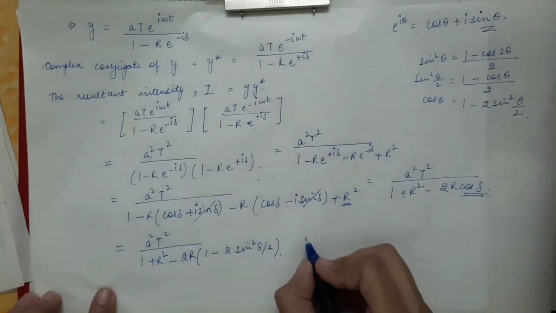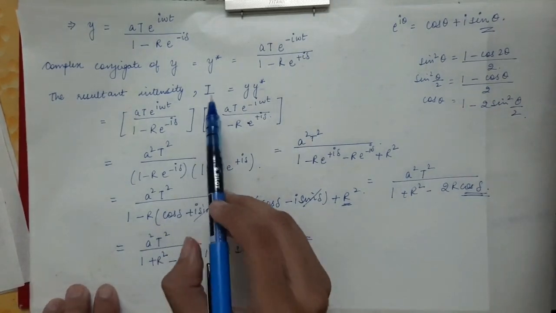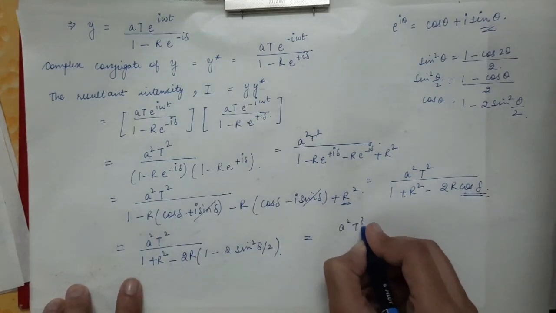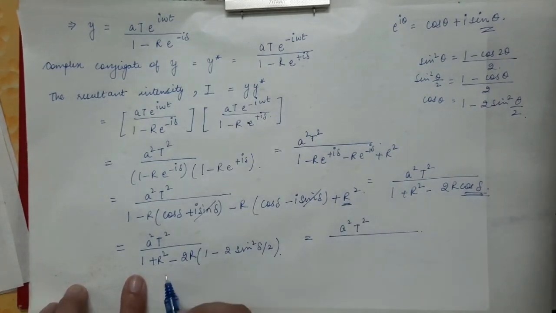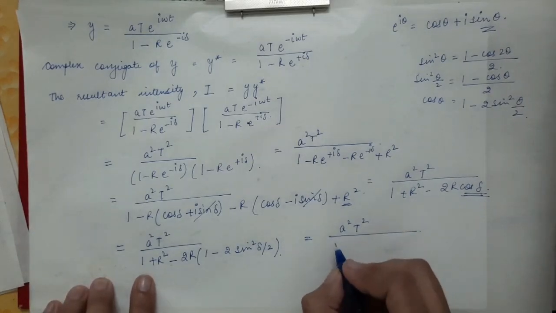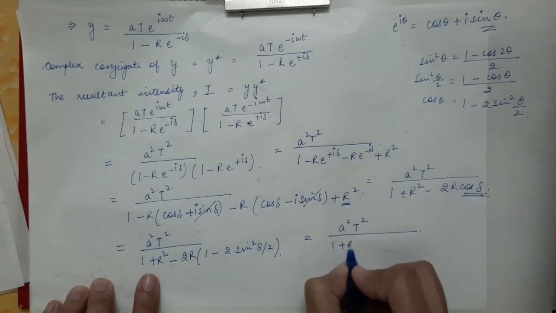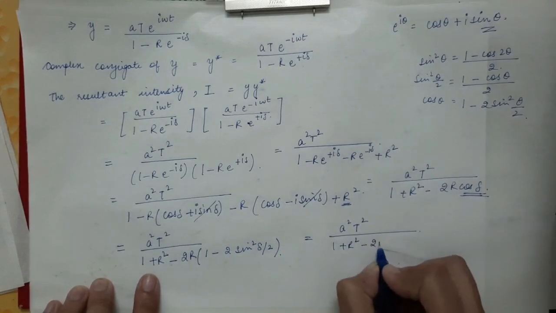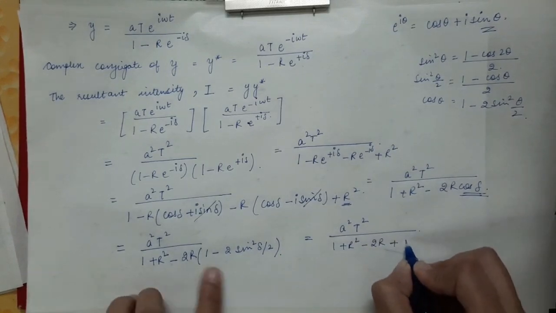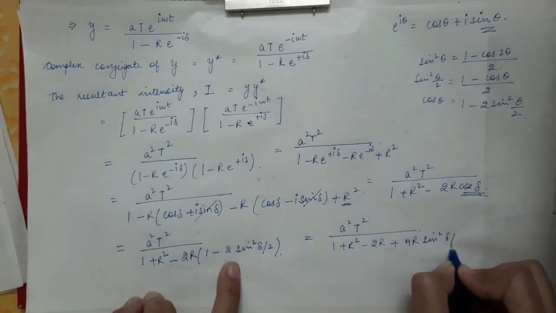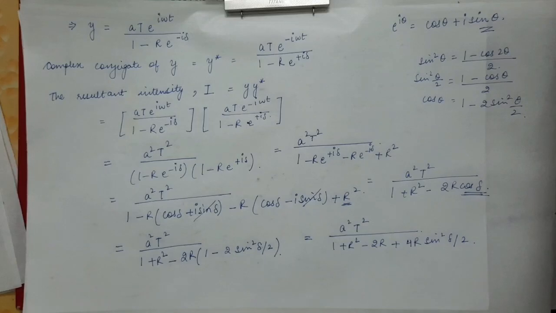So we are evaluating the expression of intensity. Let's open the brackets: you get 1 plus r squared minus 2r plus 4r sin squared δ by 2. This is the equation that you will get.